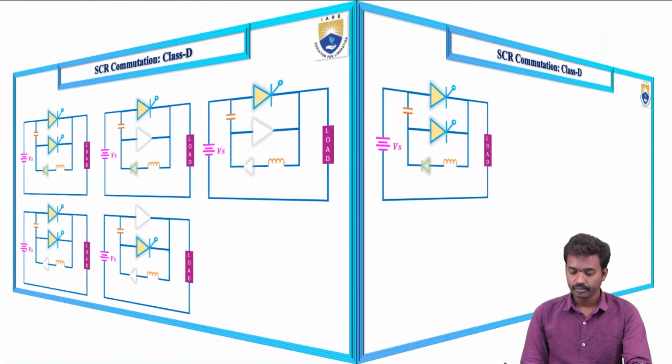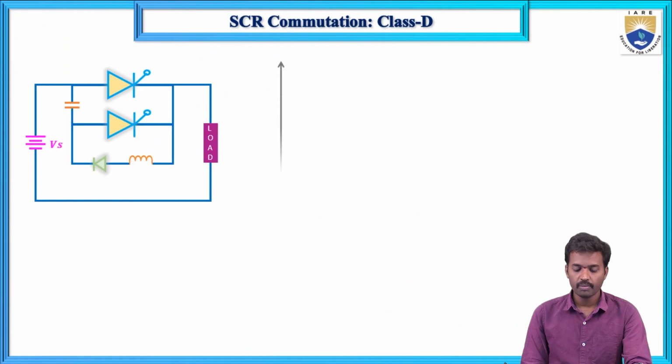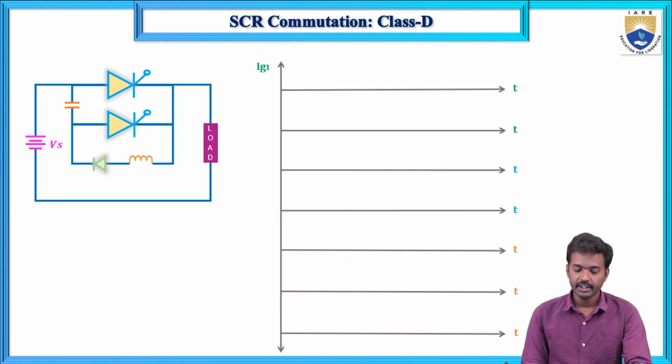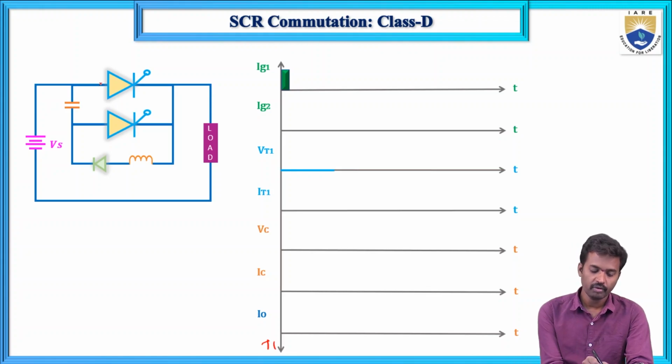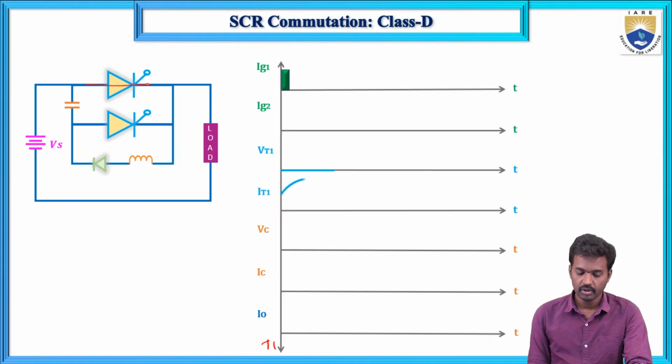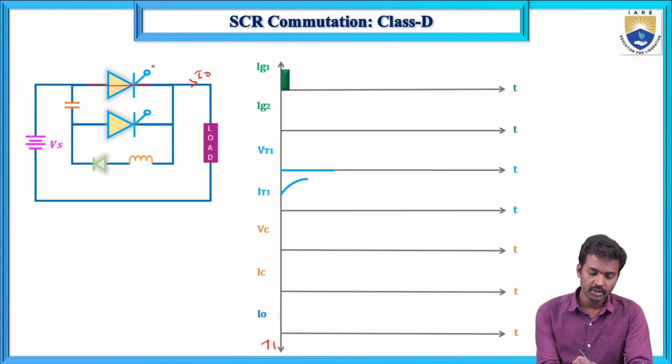Now if you see the waveforms: Ig1, Ig2, Vt1, It1, Vc, Ic and I0. I0 is always constant. First fire the T1. What will happen? Vt1 is short circuit, so Vt1 is 0. The It1 current starts from I0 plus ICP, the main thyristor current, flowing in this direction.